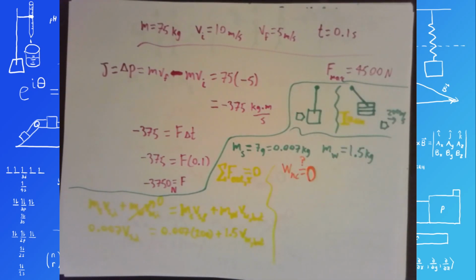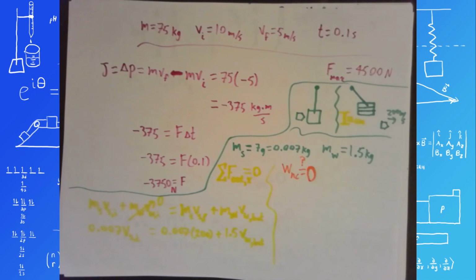Well, let's see. Forces acting on the block. We've got the force of gravity, which is conservative, so by definition, the non-conservative work due to gravity is 0. And then the other force would be the tension of the rope that's holding the ballistic pendulum.